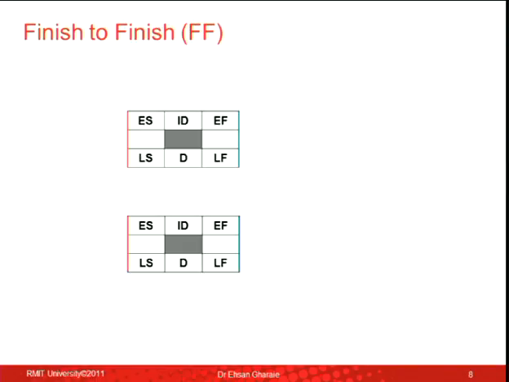If it is finish to finish, guys, I'm showing you these things because if you remember, the very first step of doing a CPM is to draw the network. So when you are drawing the network, you should know how to draw the arrows. Because if you get the network wrong, everything else would be wrong. So when you see a finish to finish relationship, the relationship is between the finishes, so you draw an arrow between the finishes of activities.